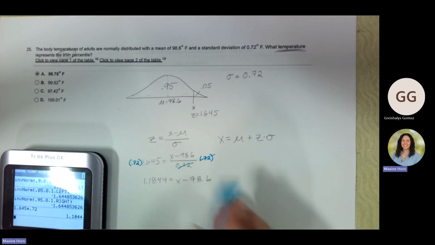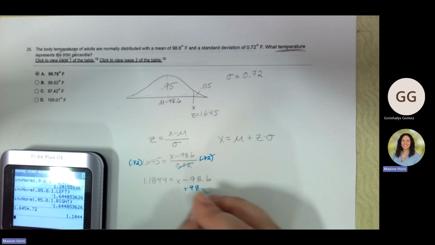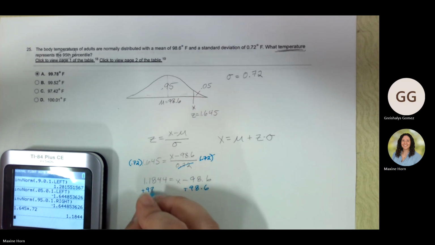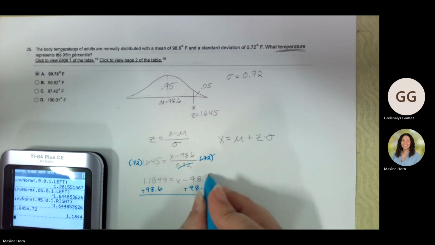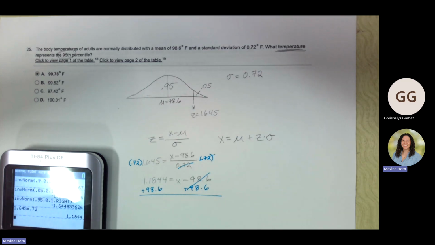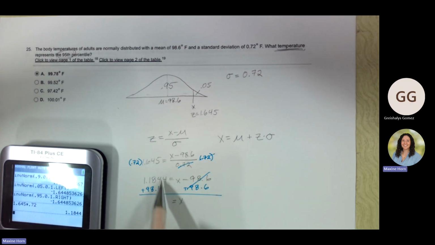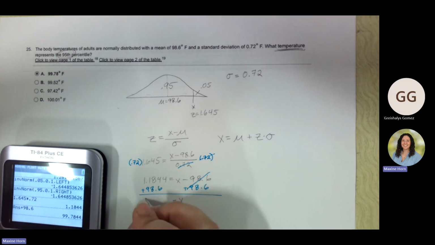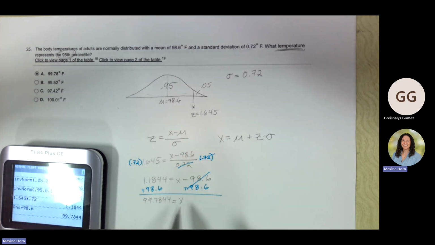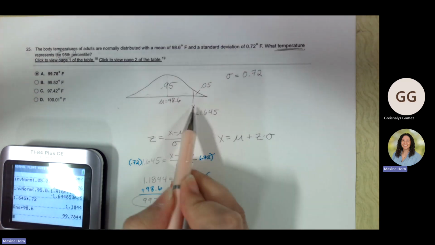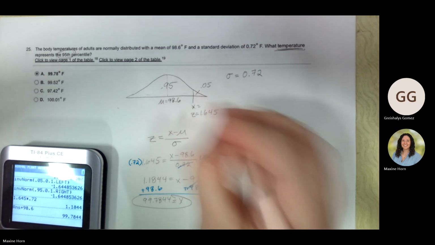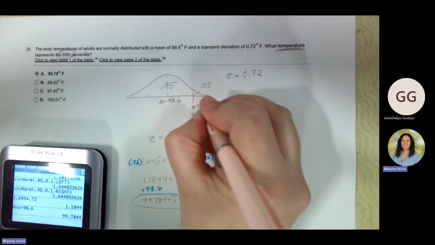And then to get x completely by itself, I need to get rid of this subtraction, so I'm going to add. Adding and subtracting the same thing cancel, and I get just x. And so I'm going to put these two together, and I get 99.7844. So that is my x value. And they're just having us go to two decimal places.